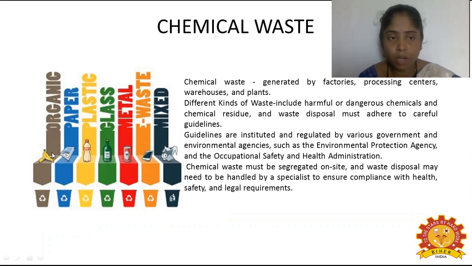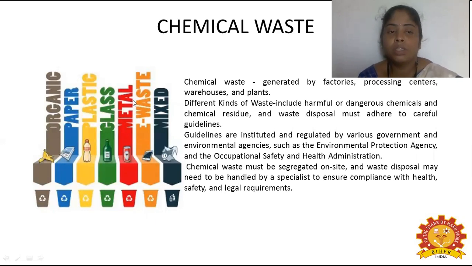Organic waste or paper waste excluded from domestic purposes is also to be treated as waste from domestic sources. The next ones are plastic, glass, metal waste and e-waste, and all these wastes can be combined together to form mixed waste.